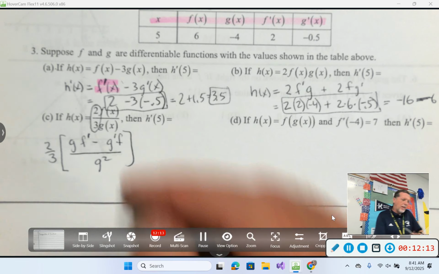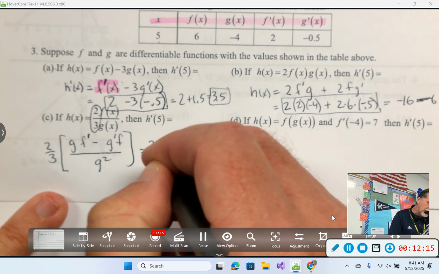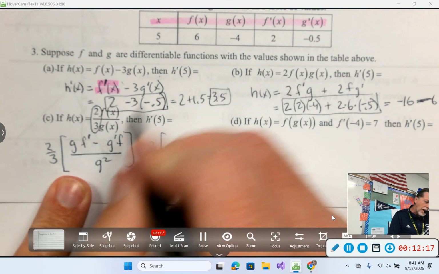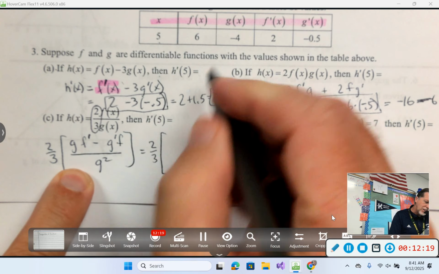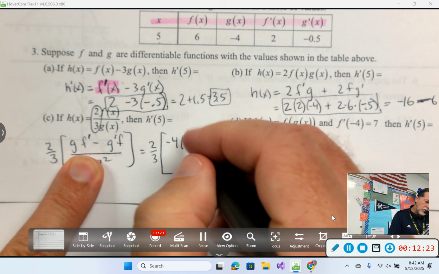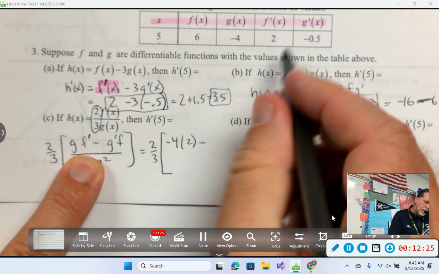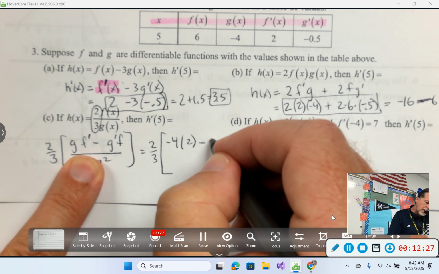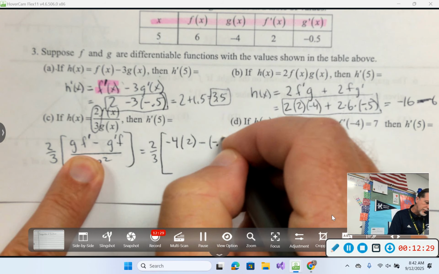So again, not hard. Now you just got to carefully go find the right spot. So g is negative 4, f prime is 2, g prime is negative 0.5.